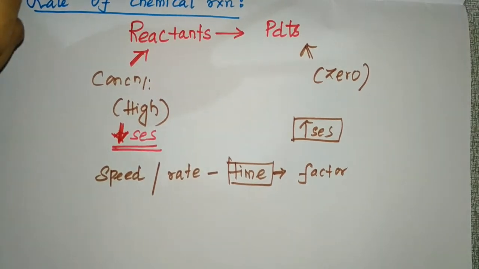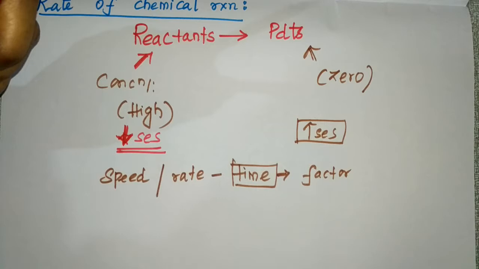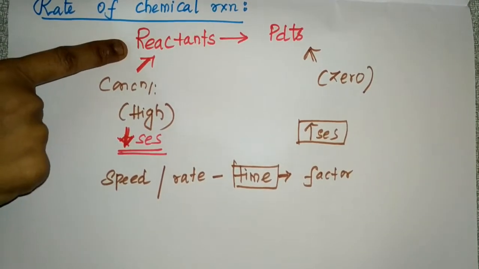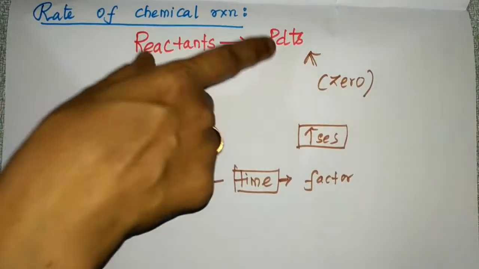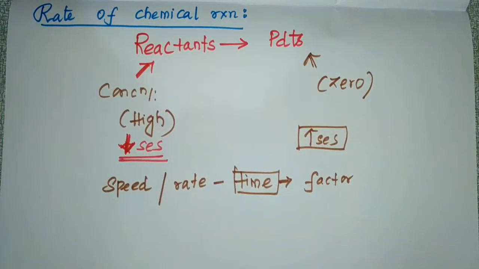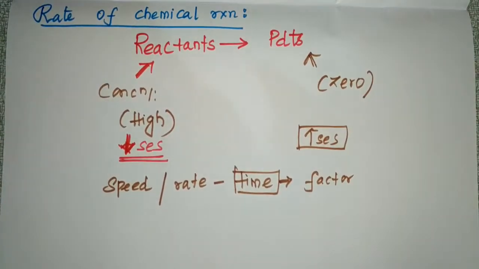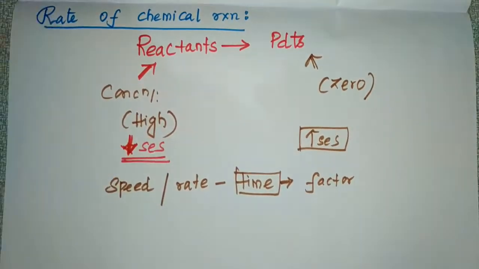Okay, so in a reaction, we can check the change in the concentration. I told you, as the reaction proceeds, the concentration of the reactant decreases and concentration of the product increases. So we can check the change in the concentration of the reactant or product based on time.